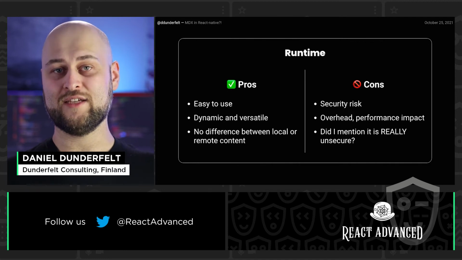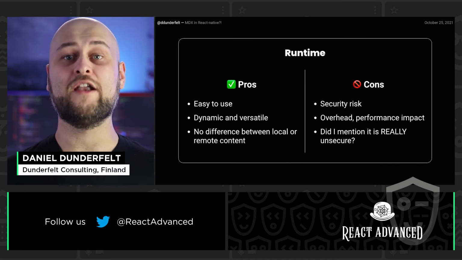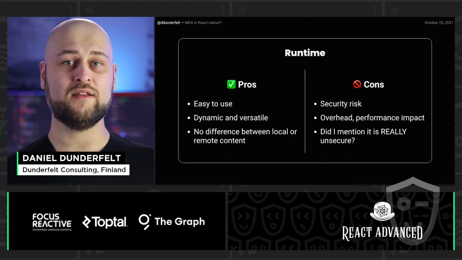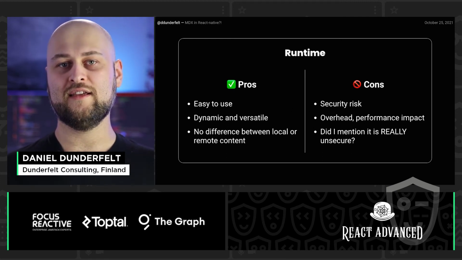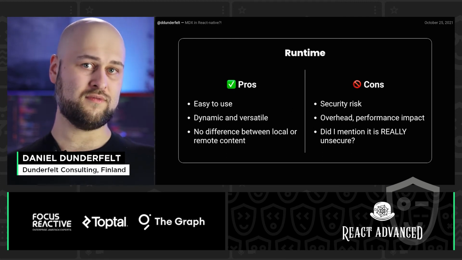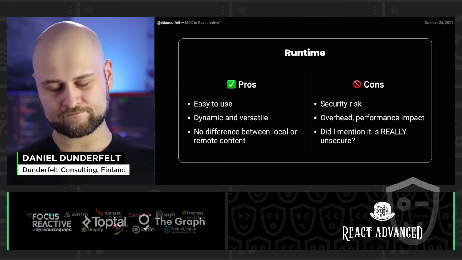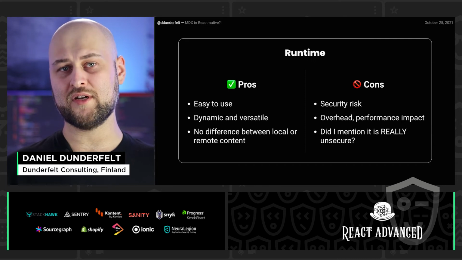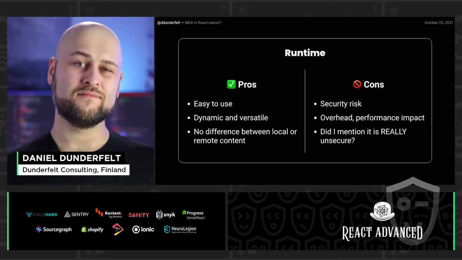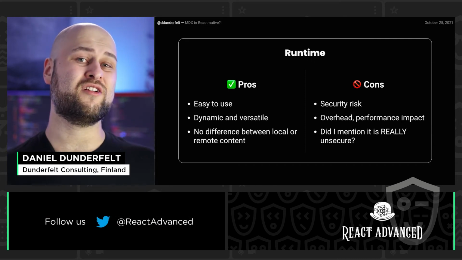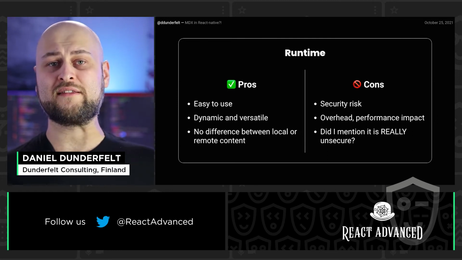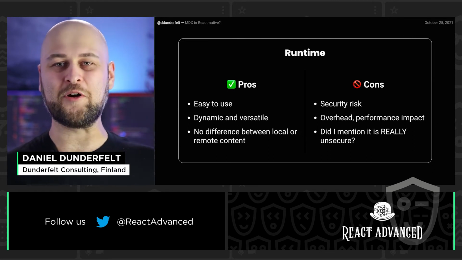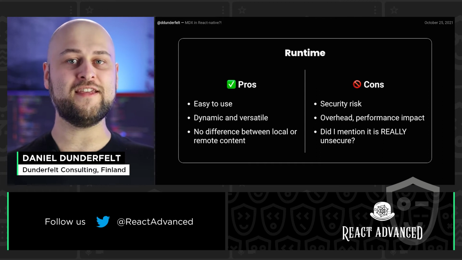The runtime will execute the string that you give it, mounting and running the React components within it. So you need to make sure that it is trustworthy and won't get up to any funny business. I can't in good conscience recommend using the runtime, but if you can be sure about the trustworthiness of the content and don't mind the extra overhead, it is definitely the easiest way to go.